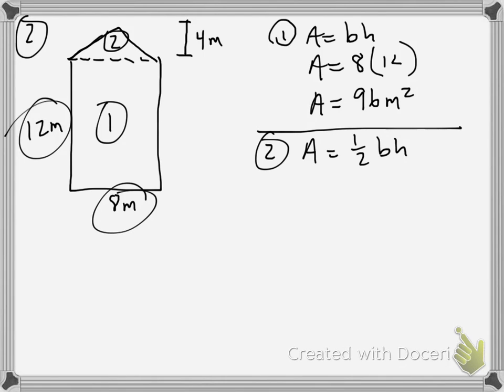And where I'm looking is right here. There's no base written right here. But I can see that the base for that triangle is really the same as the base for this rectangle. So I know that the base of that triangle is 8. So I can put that in.